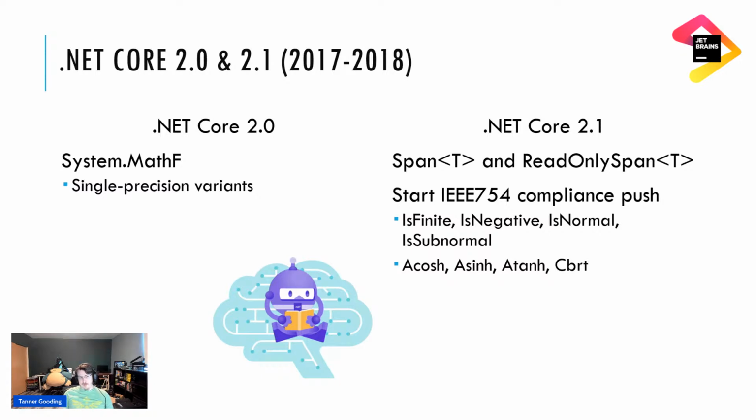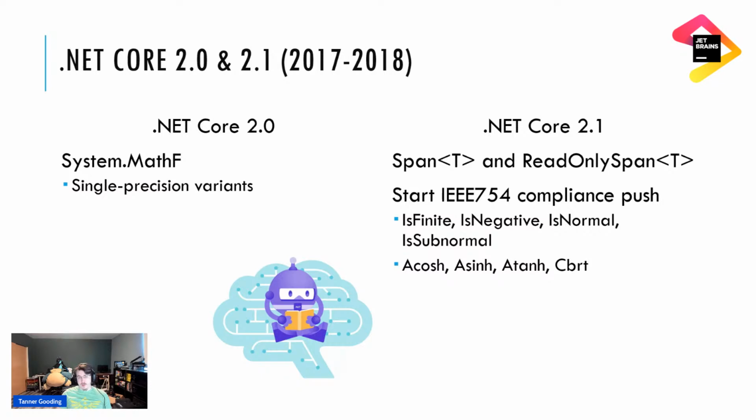However, if you then exposed Sqrt(float) on Math, then due to the C# overload resolution rules, it would now call the single precision variant. So you would end up with less precision in your result, and it would still implicitly convert back to double. That was undesirable, and so we exposed MathF.